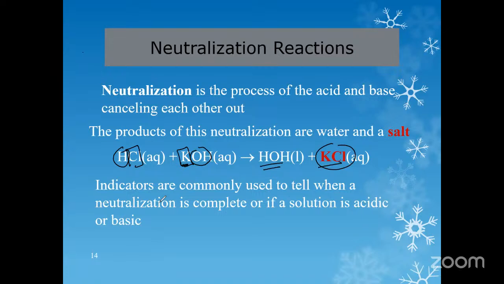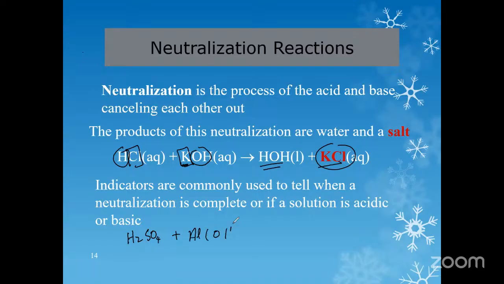Before we move on, let me do another example to show you how you can write down the equation for a neutralization reaction. Let's say you're given sulfuric acid reacting with aluminum hydroxide.